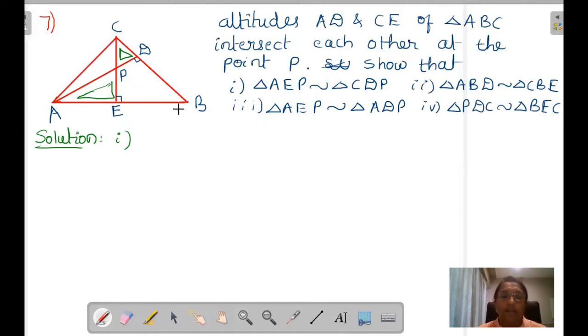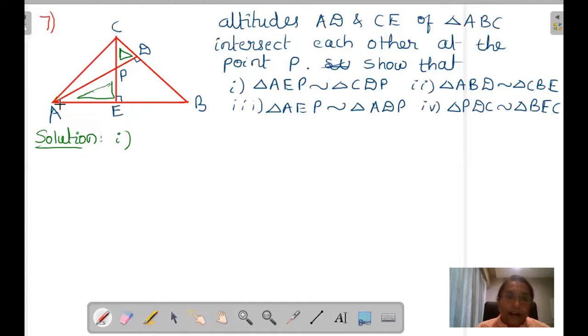We don't have any measurement of the sides of a triangle, so we have to think about AAA criteria only. If you prove any two angles of these two triangles are equal, then with AA criteria, easily we can say these two triangles are similar.